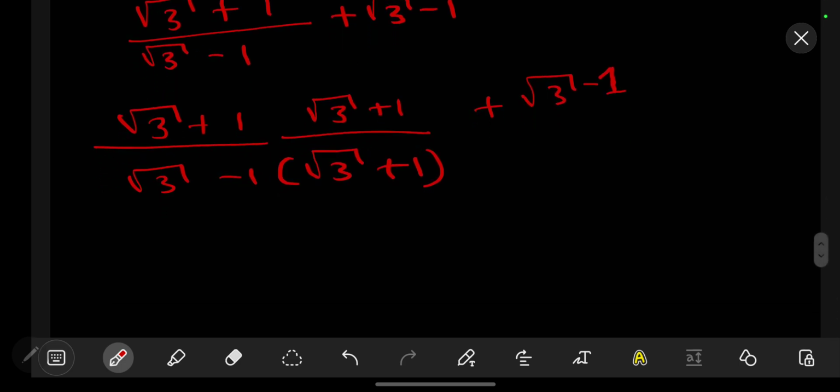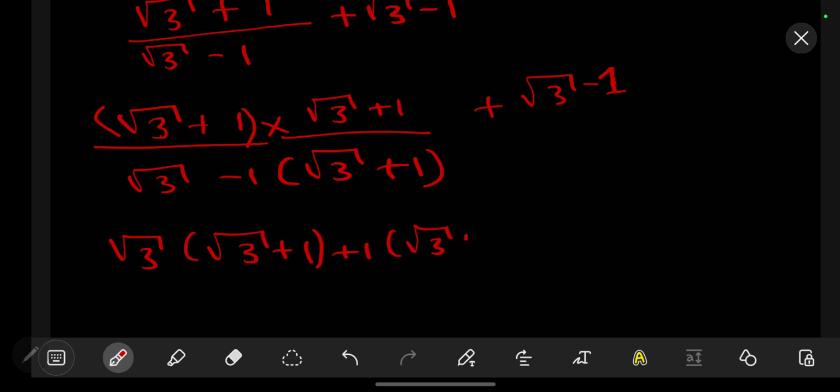This first number multiplies everything there, so we have the square root of 3 times the square root of 3 plus 1. Then the second number, plus 1, also multiplies everything here, so we have square root of 3 plus 1.